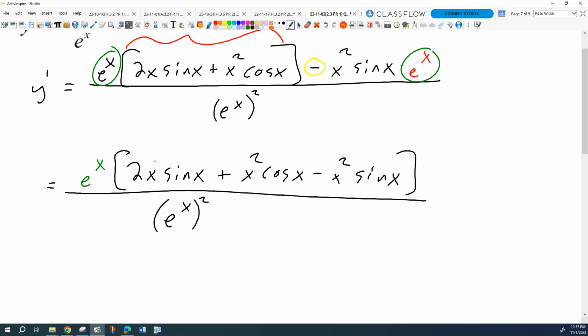Any good cancellation there? Yeah, we can cancel a factor of e to the x.